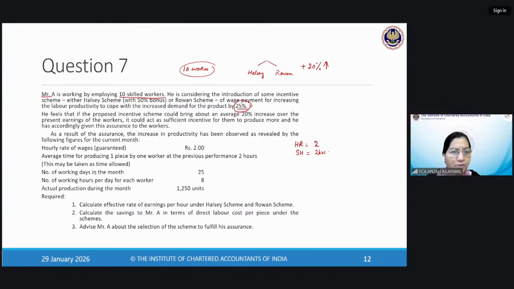How many number of working days are there in the month? 25. Each day the worker is working for how many hours? 8. So each worker is working for 25 into 8, 200 hours in a month, and there are 10 workers.